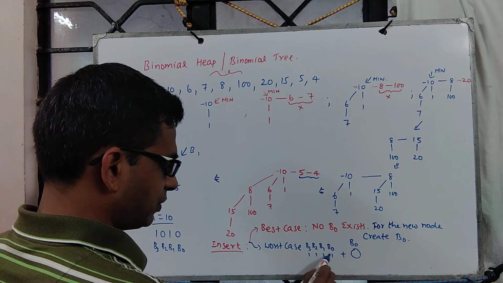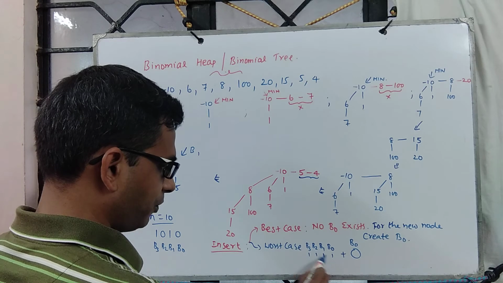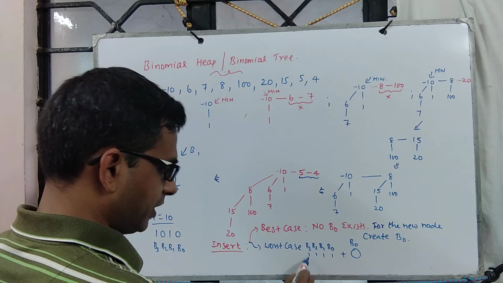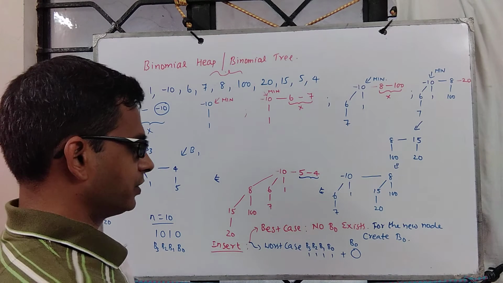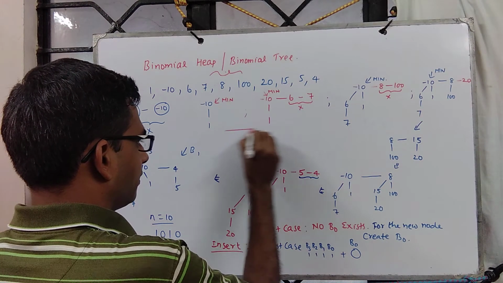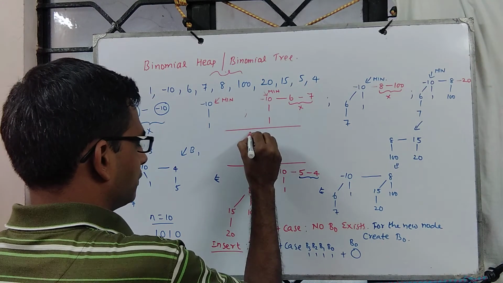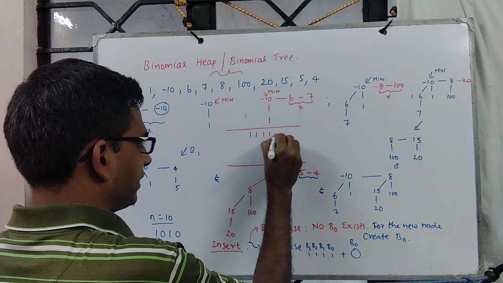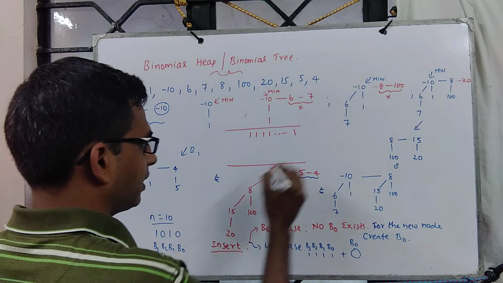You already have B1, so B1 and B1 will create B2. B2 is already there, so B2 will create B3. B3 is already there, that will create B4. So let's assume the worst case scenario is you have B0, B1, B2 and so on.